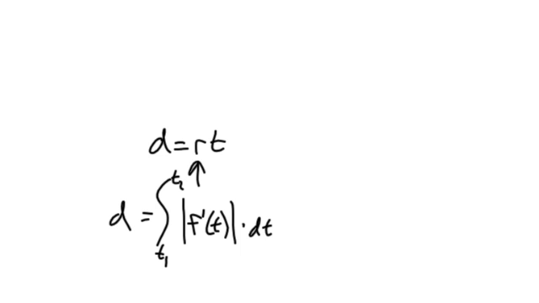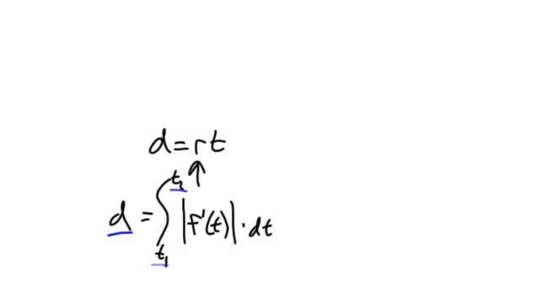Now this equation that we've just written is true. The distance traveled by a particle moving with this speed between time 1 and time 2 is given by this integral.